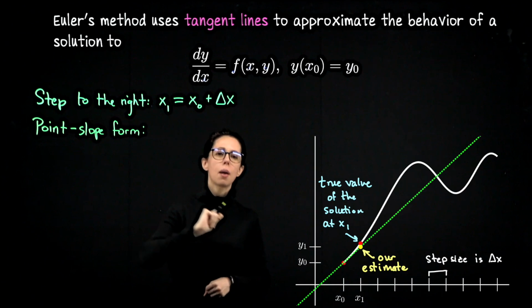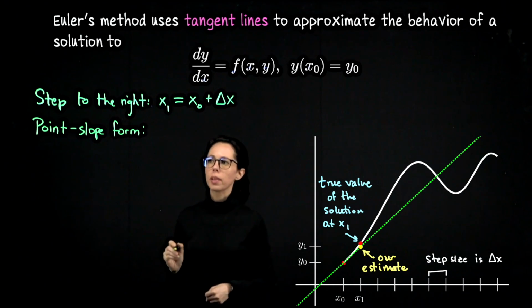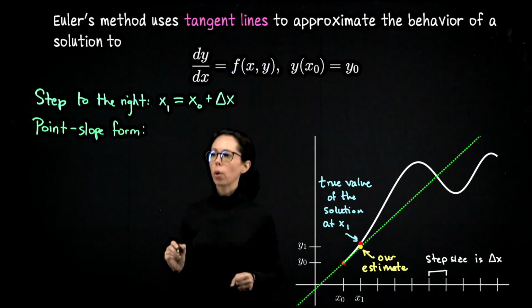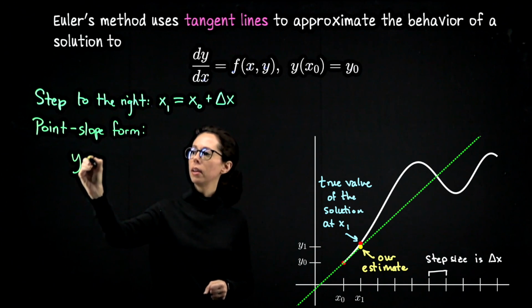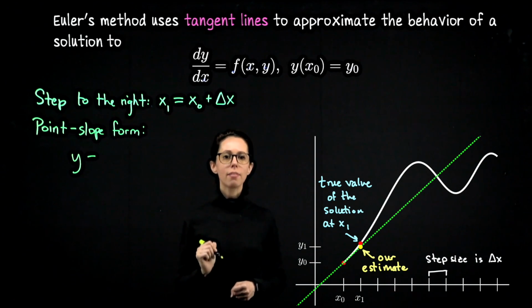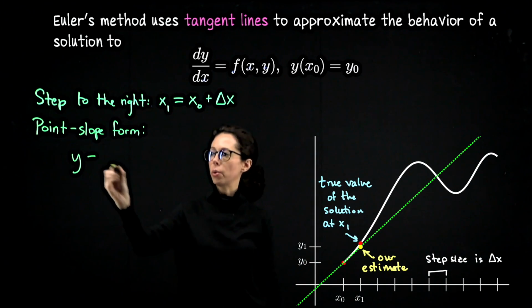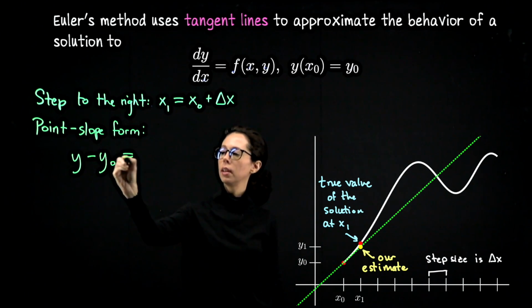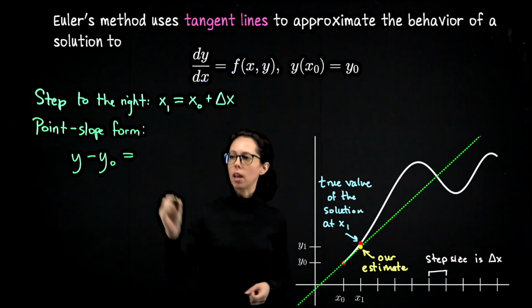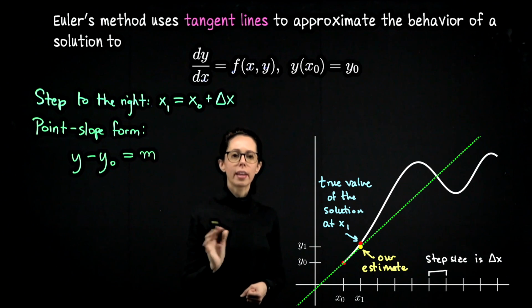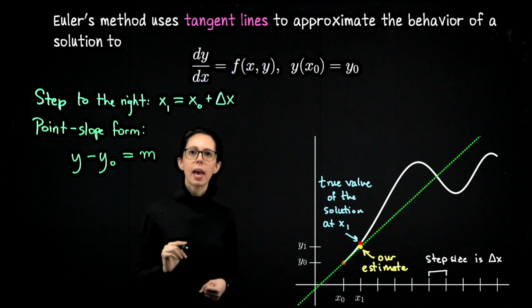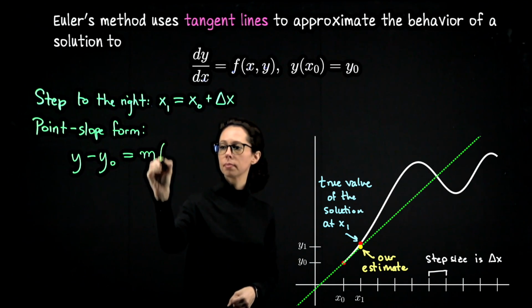That's a little less common than slope intercept form, so let me remind you what it looks like. We're going to say the variable y minus a known y value, which for us will be the known starting value, equals the slope of this tangent line, let's just call that m for right now, times x minus the known x value.